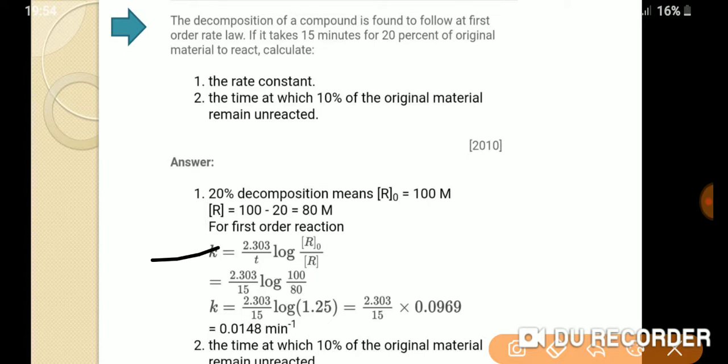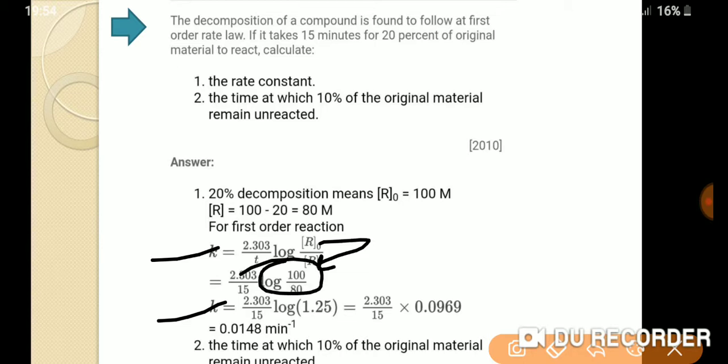Put down the value of t, which is 15 minutes. Don't try to convert it into seconds. Then put down the initial concentration, 100, and the final concentration of the reactant is 80, because 20% of the reaction has been completed. So the rate constant is 2.303 upon 15 times log 1.25, after putting the value of log 100 upon 80.